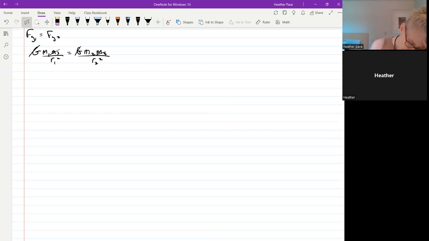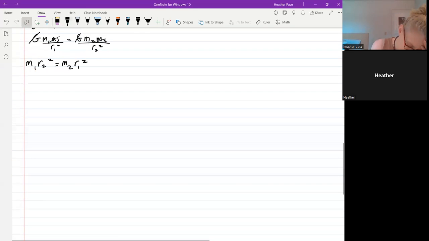All right, so if we set these equal to each other, we get M1 R2 squared equals M2 R1 squared. We know M1, we know M2.